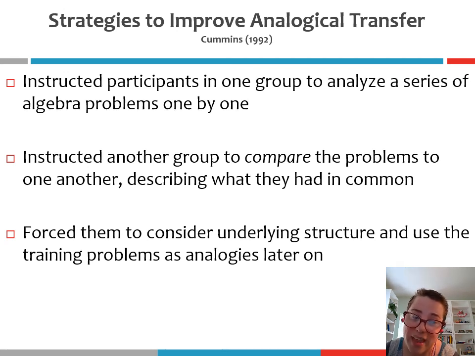Okay, they were better at using those same problems to solve new problems later on than participants that had just worked to find solutions to the problem, right? So anytime we can think about a problem in terms of its underlying structure, kind of ignoring those surface features, the more successful we're going to be.